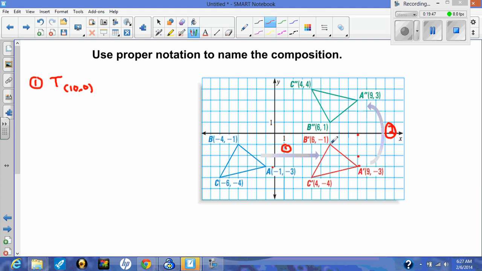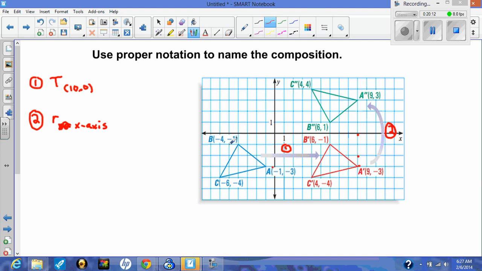I check B and B prime, the same thing, C and C prime. So our second transformation in our composition is a reflection across the x-axis. Started to write y. That's right. Let's try this again. X-axis.